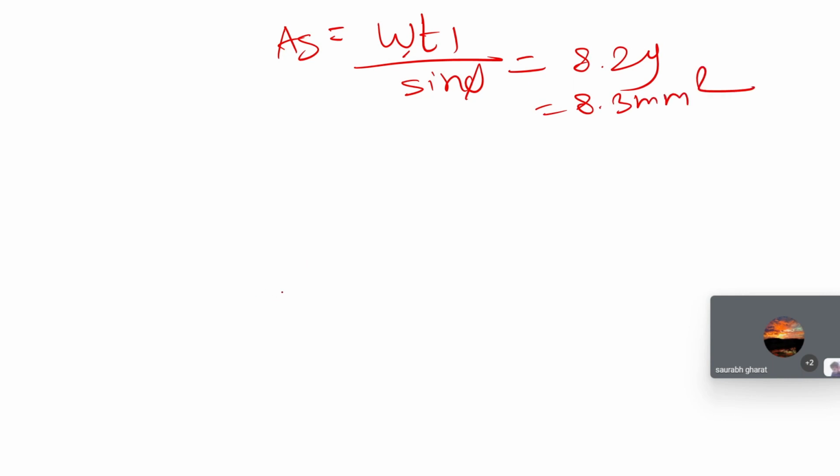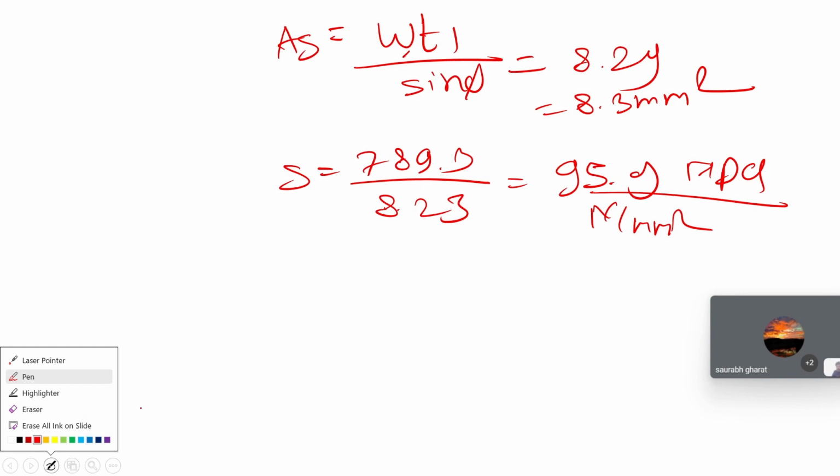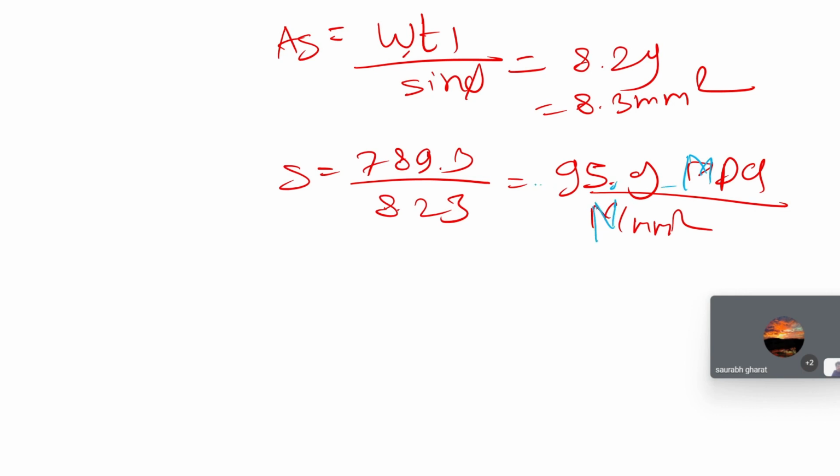Then the stress will be equal to 789.3 divided by 8.23, which is equal to 5.9 megapascal. As it is megapascal, it will be Newton per millimeter square. So this will be your answer.